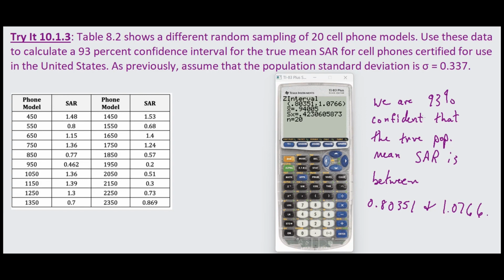But that also means that there are 7% of the times that it doesn't contain the true population mean. And we don't know if this interval is one of the 93% or one of the 7%. So the confidence isn't in the interval itself, it's in the method that's used.